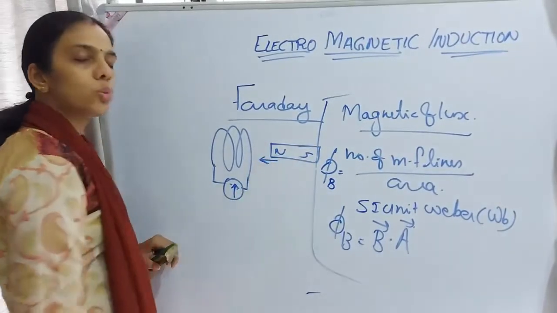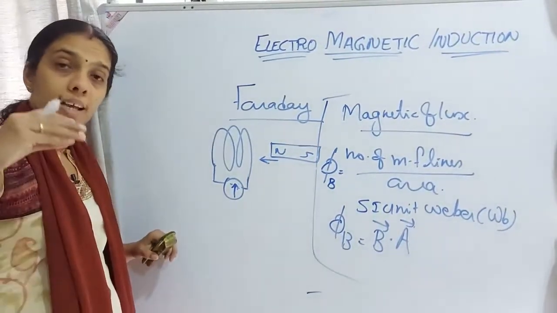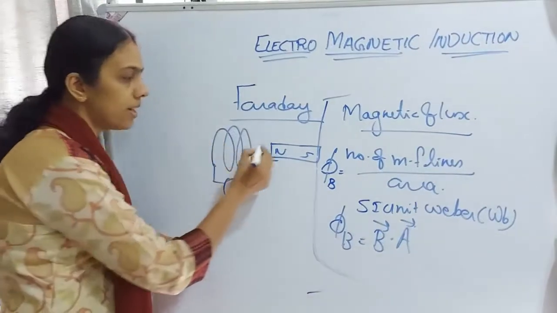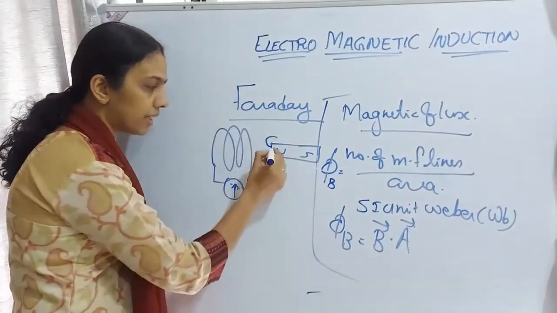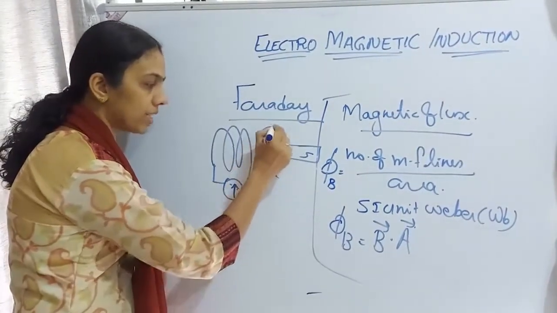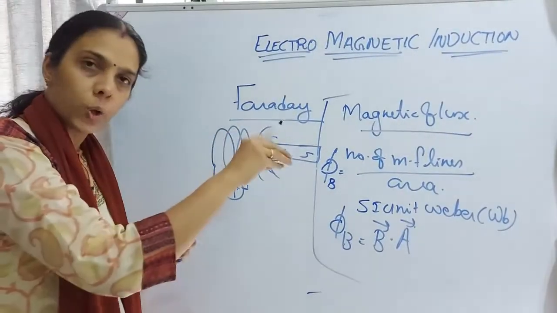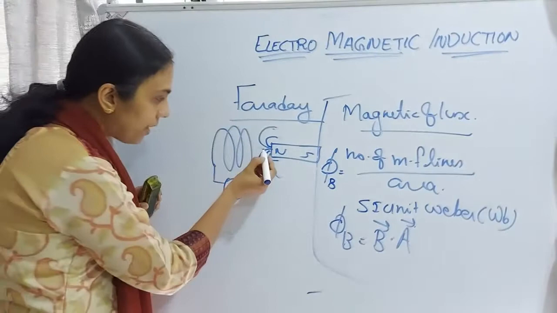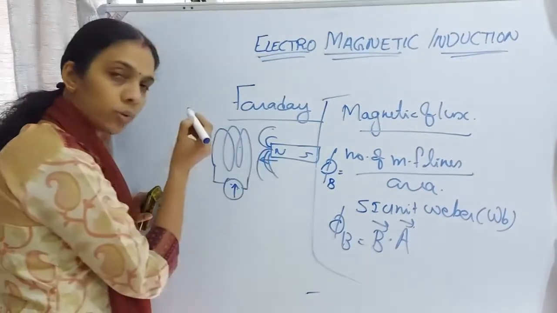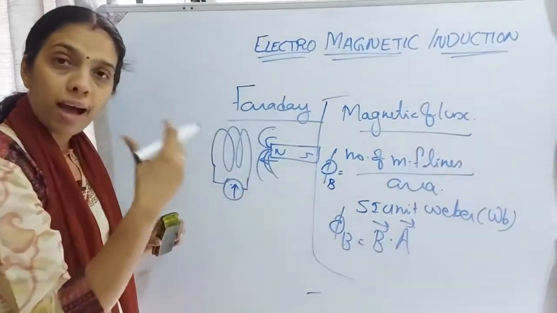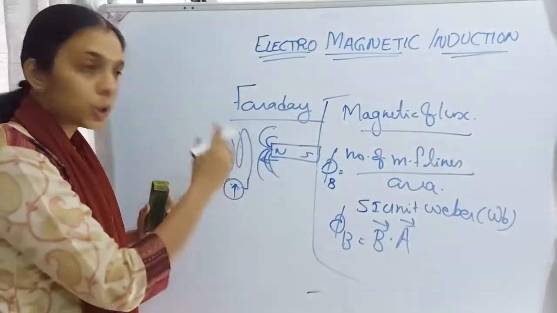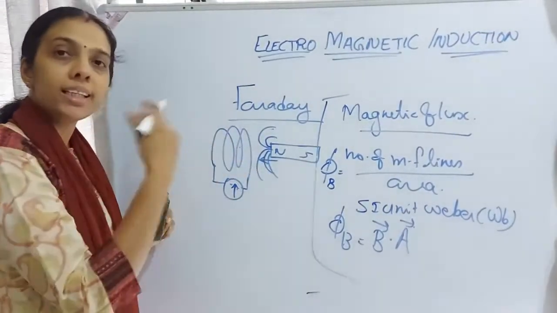It is moving towards the coil. The magnet has magnetic field lines. When it is coming nearer, what will happen? The number of magnetic field lines crossing this coil will be increasing.